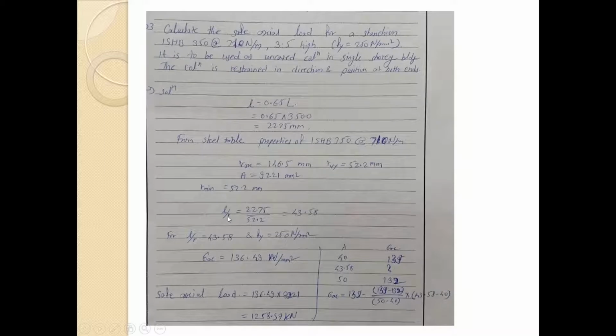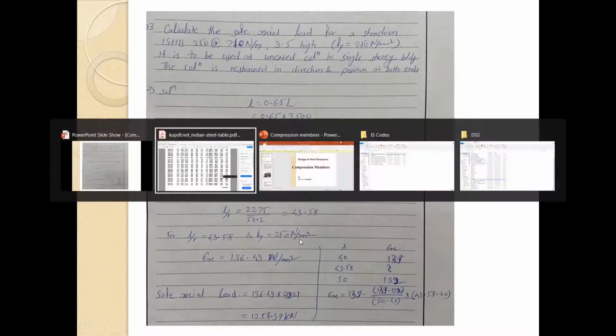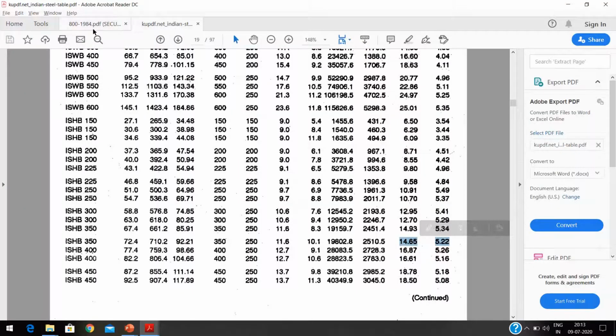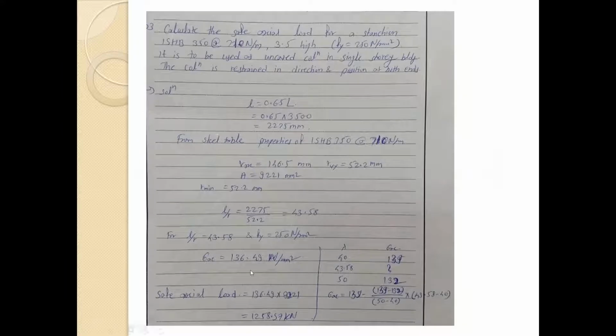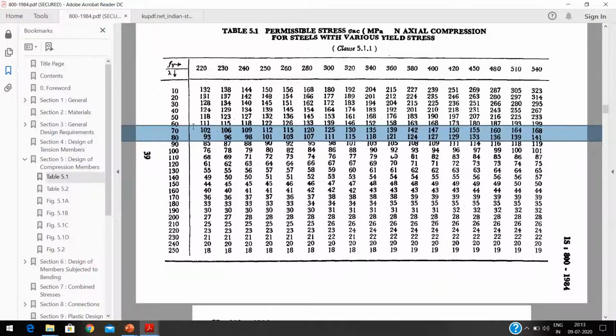So the slenderness ratio, that is L effective by R minimum, that is 2275 divided by 52.2, which becomes 43.58. For this slenderness ratio of 43.58 and Fy equal to 250, we will find the stress from the table.